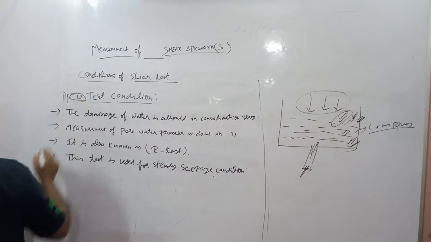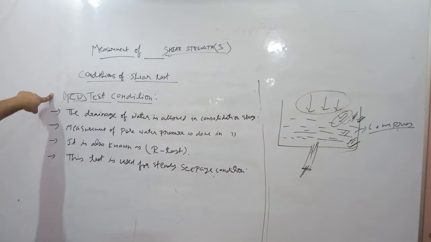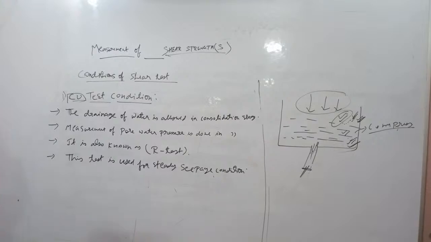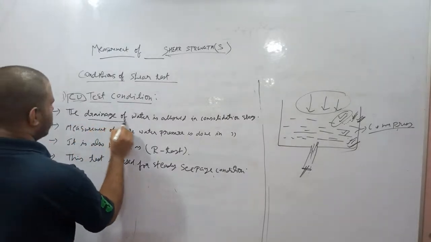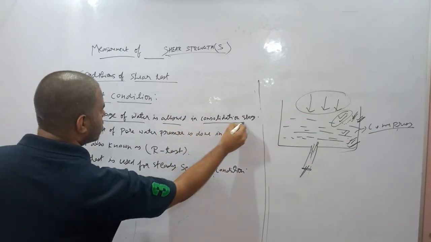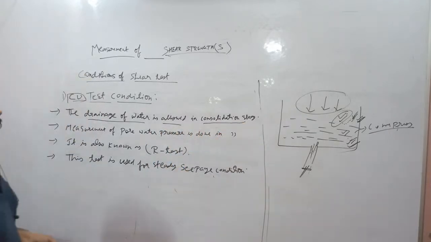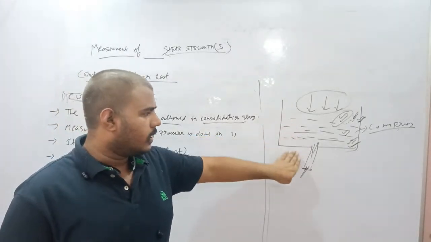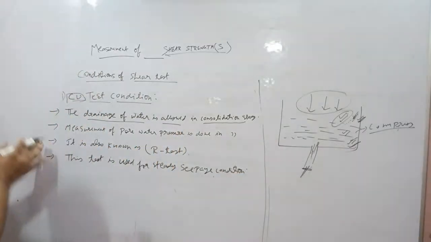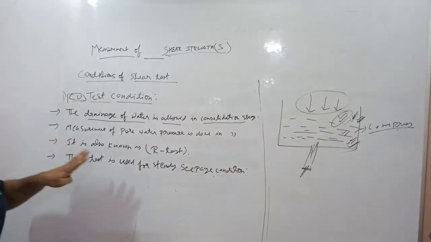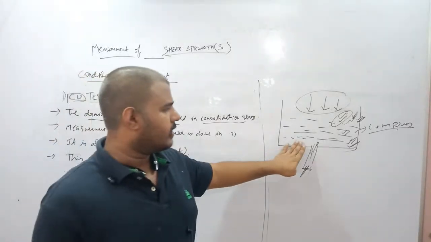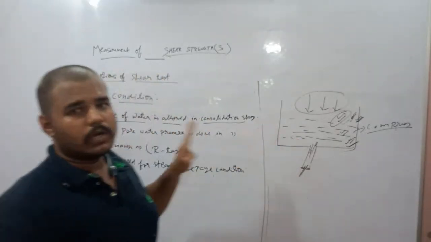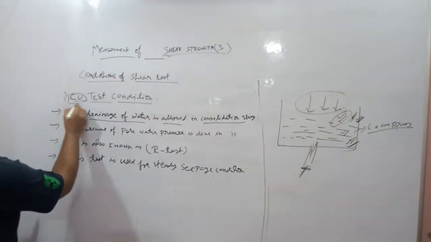It means the consolidation is allowed but the drainage of water is not allowed in this test condition. The first point represents that the drainage of water is allowed in the consolidation stage. In the first stage, we first consolidate the soil. So in this consolidation stage the drainage is allowed in this CU test, but in the second stage, when we measure the pore water pressure, the drainage is not allowed. Therefore its name is CU, undrained.